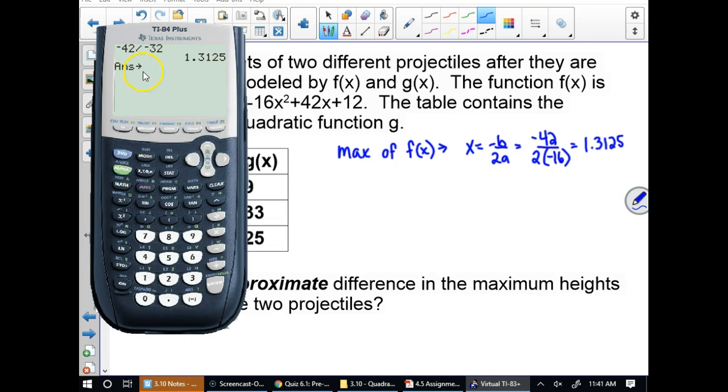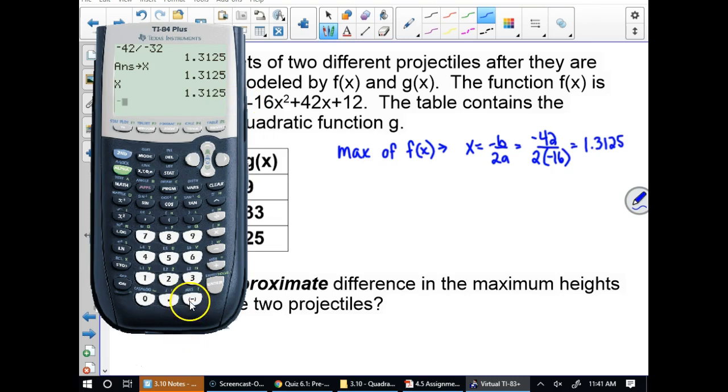So I'm going to store this as X. So you just click STO with a little arrow. It's going to have this pop up and then just type in X. And so now the calculator thinks that x, like if you type x, it's going to tell you x is 1.3125. It has it stored as x.